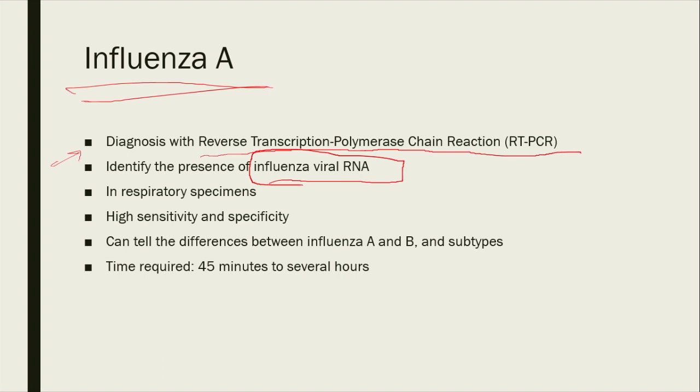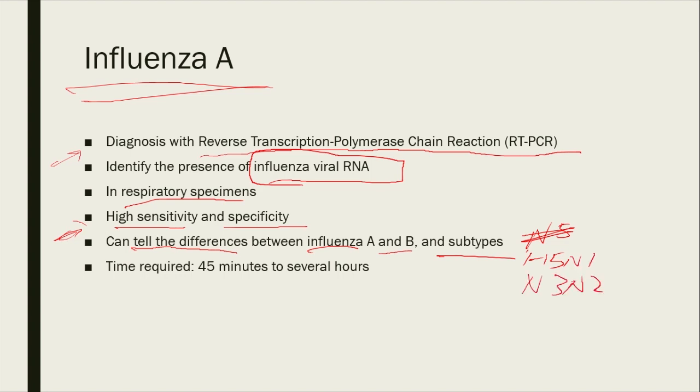But the idea behind this diagnosis is to gather respiratory specimens, and then, very crudely, you do some purification and then do a PCR reaction with the purified specimens. These tests are usually highly sensitive and specific. In some cases they can tell the differences between influenza A and B and different subtypes, such as H5N1, H3N2, or swine flu.